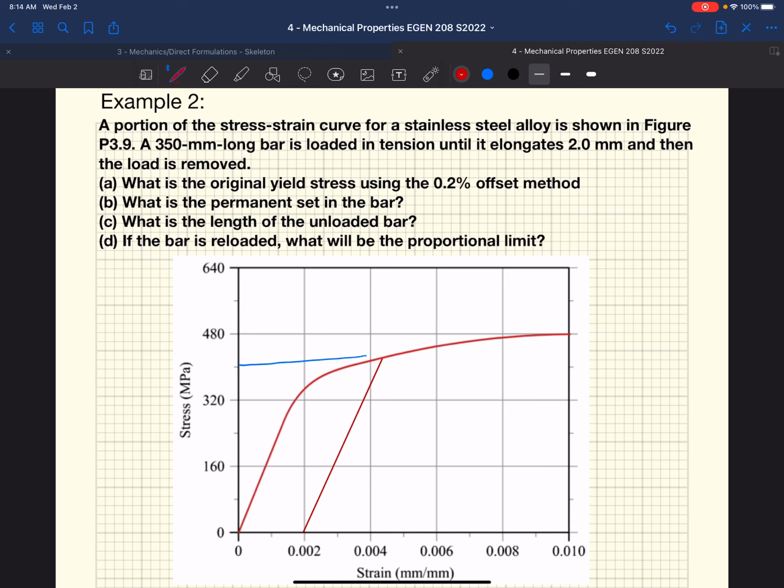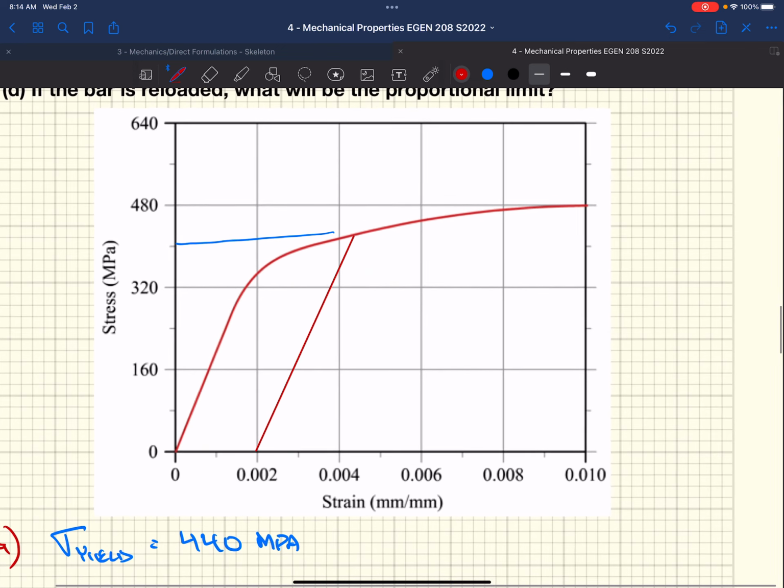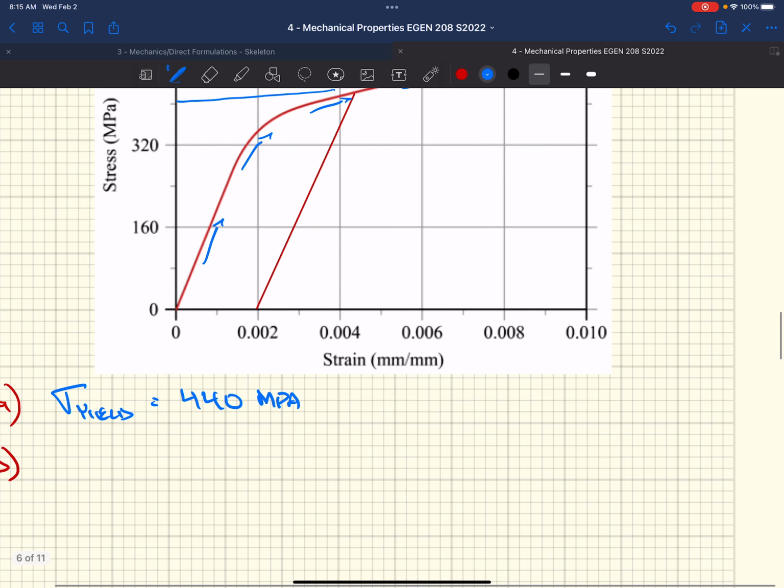Well, we need to figure out how much strain we put in it originally, because as we were loading this bar up, we are traveling along this curve. We're just putting it in the testing machine and pulling on it, going up this curve. We know that we pulled it until we're at 2 millimeters. It was 350 millimeters, so we can figure out exactly where on the x-axis we pulled our material to.